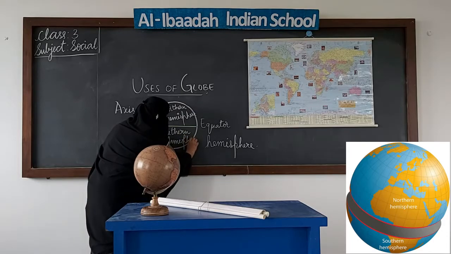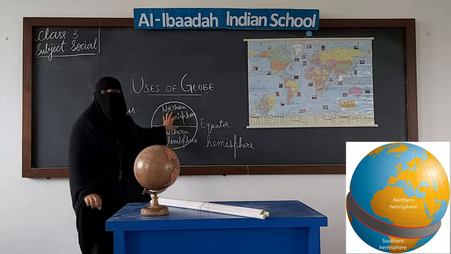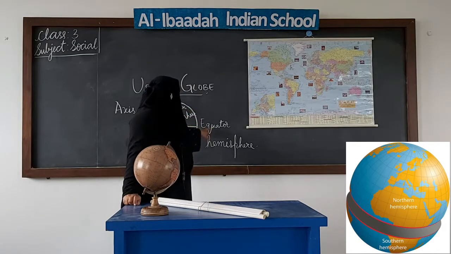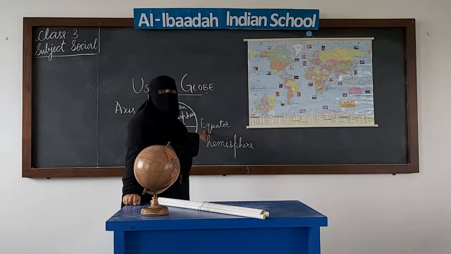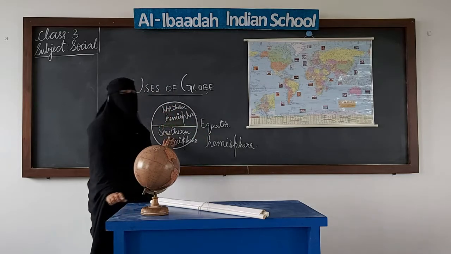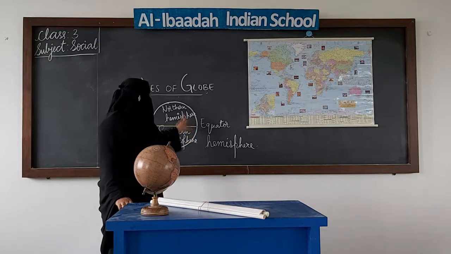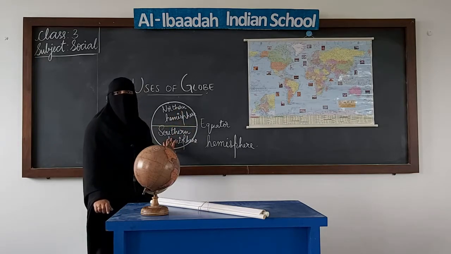So who divides earth into two equal halves? It is equator. Equator divides the earth into two equal parts, and it is called northern hemisphere and southern hemisphere.